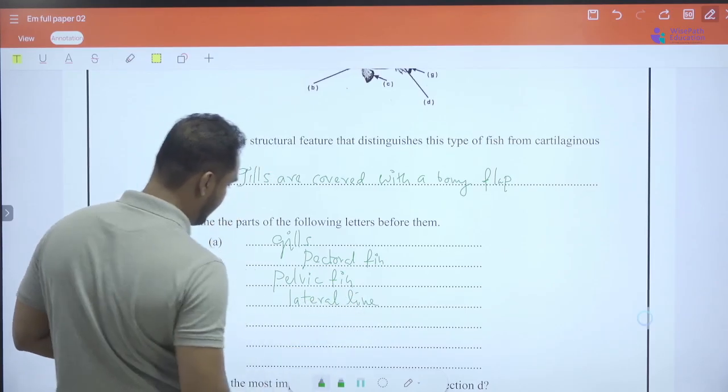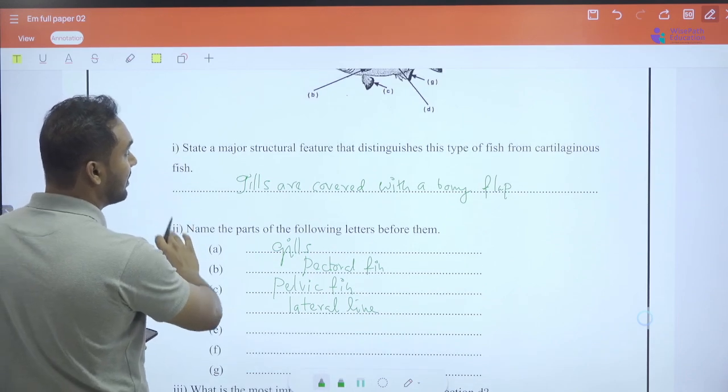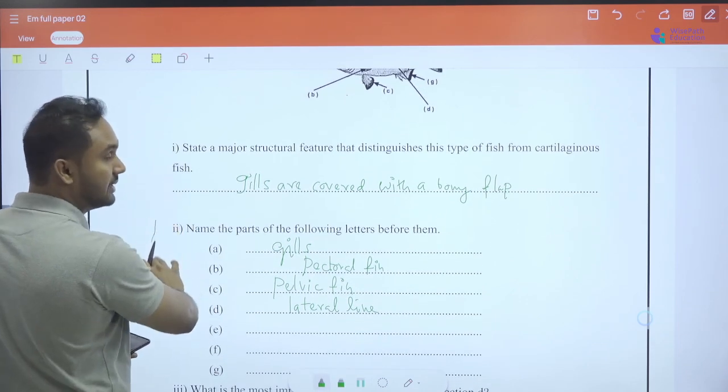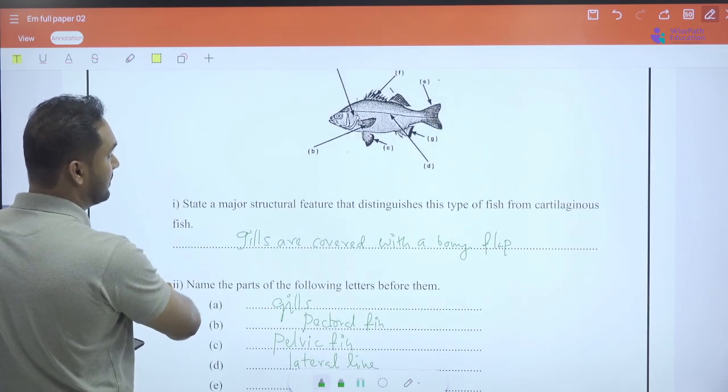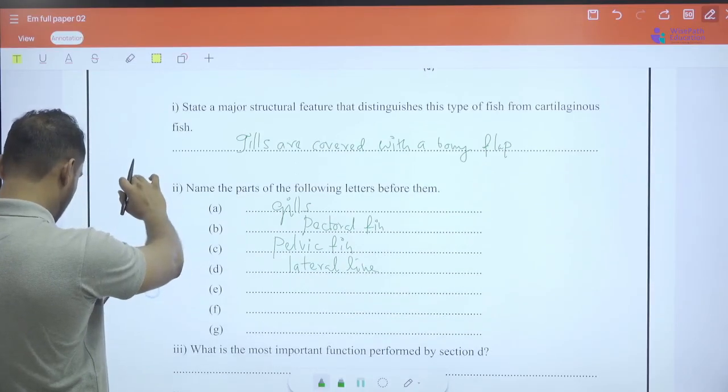That's the lateral line. Next is E. What's E?